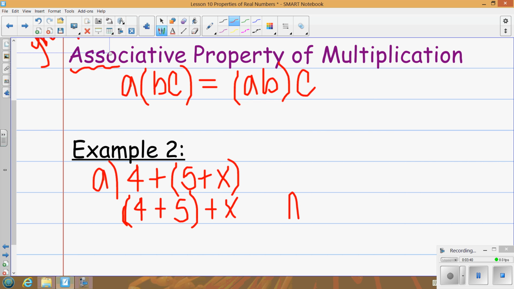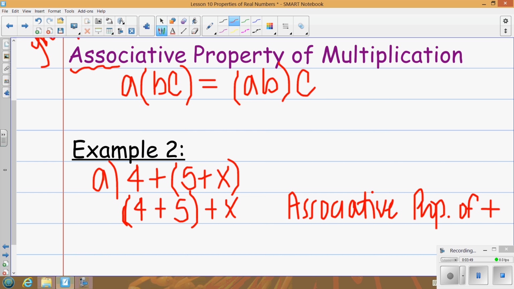So this is because of the associative property, and this would be of addition because the operation is addition here. So now I have 4 and 5 in parentheses, so it tells me add those first, so you get 9. So your final answer would be 9 plus x. This is just because I added.